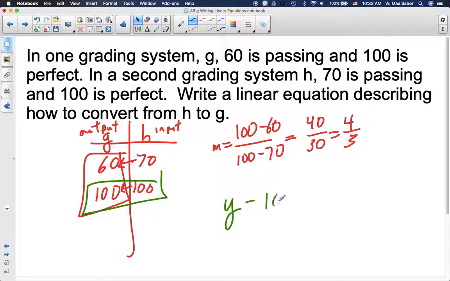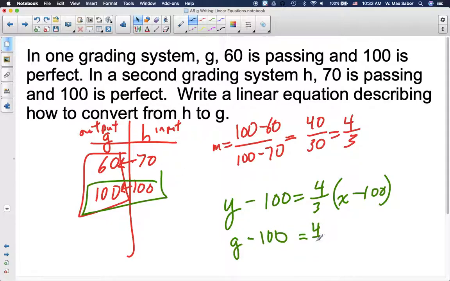I'm going to use that one. y minus 100 equals 4/3 times x minus 100. So that's a linear equation describing how to convert from H to G. I should probably say that G is our output, and H is our input.